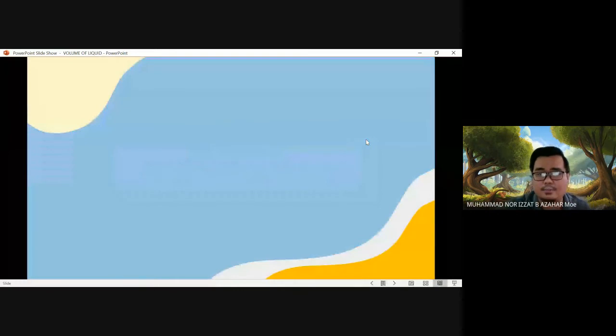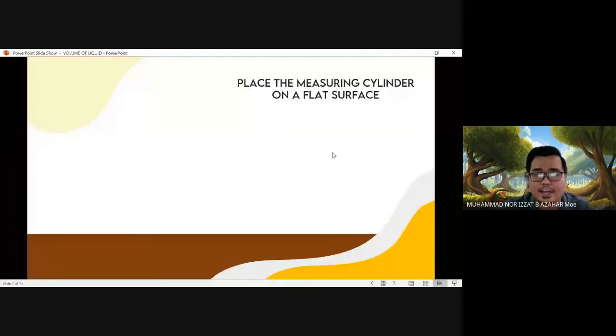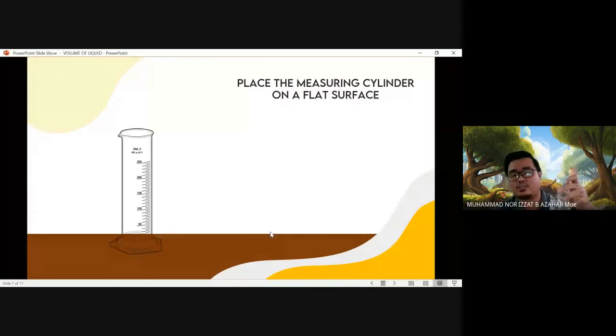measuring cylinder. The first step is place the measuring cylinder on a flat surface. Okay, for example table or floor, but normally we use table which is more proper. Where if we put on the not so flat, it will not stable, so we cannot see accurately on the top.